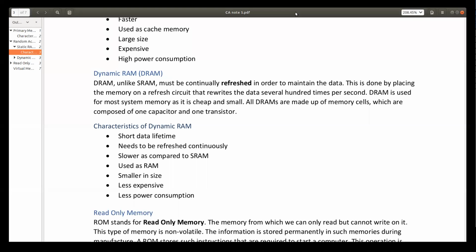In dynamic RAM, cost is much lesser than static RAM, and that's why we go for dynamic RAMs.